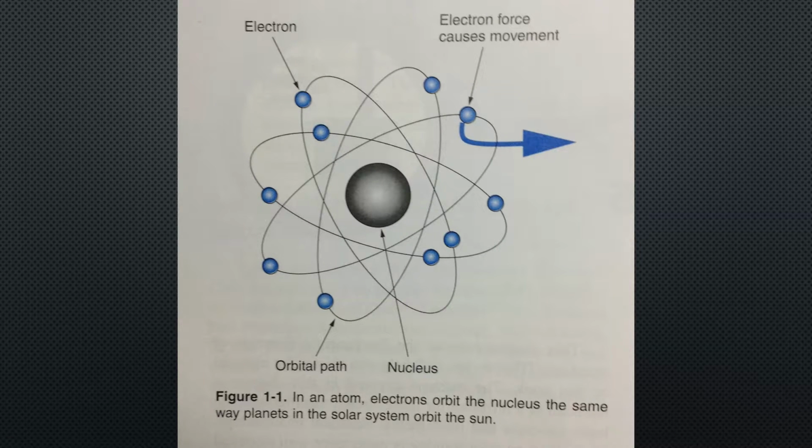Under normal conditions, this occurs randomly without any specific direction or net gain or loss within the substance. If an electron force is applied to the substance, the electrons can be pushed in one direction. This directional movement is current. Thus, current is to electricity as flow is to water.